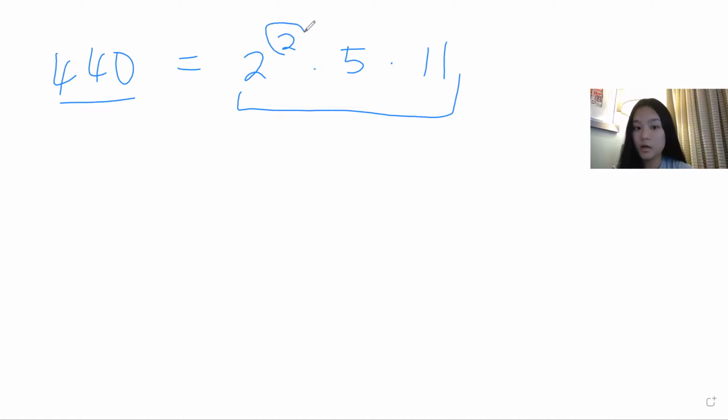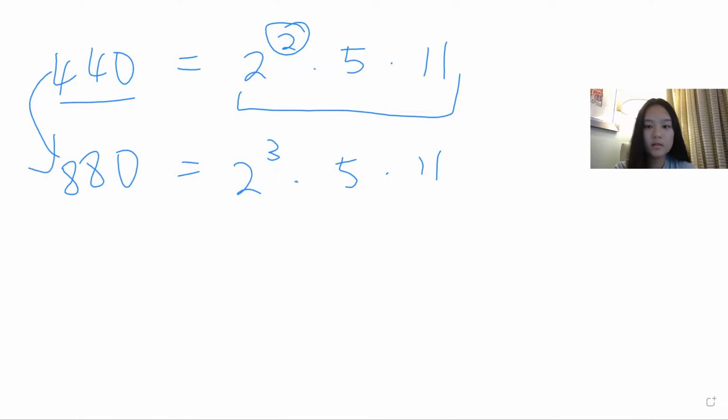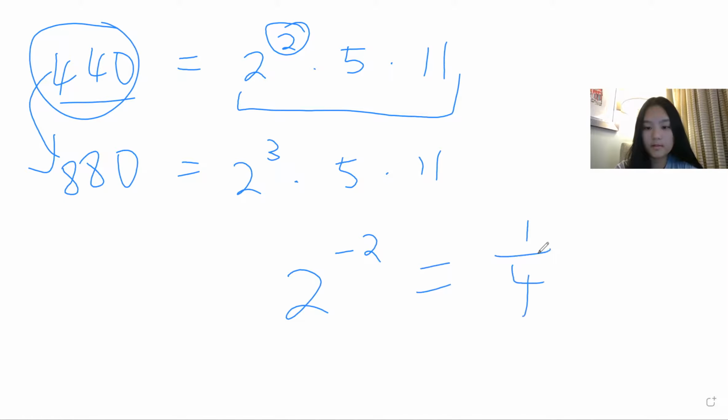The exponent cannot be larger than 2, because if it's larger, then that's 880, and of course 440 can't divide 880. So the exponent has to be less than or equal to the exponent of the, let's call it the mother integer. And you also want the exponent to be non-negative, because you know what happens when an exponent is negative 2, let's say: you get 1/4.